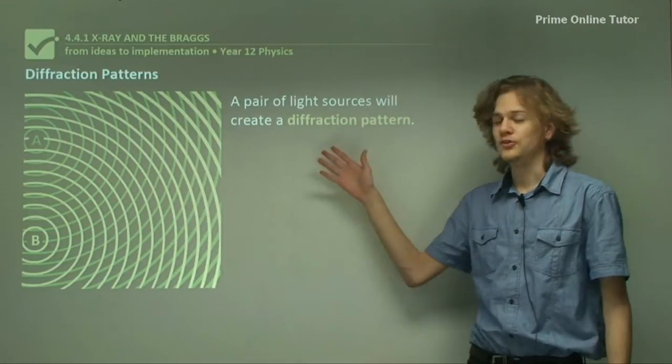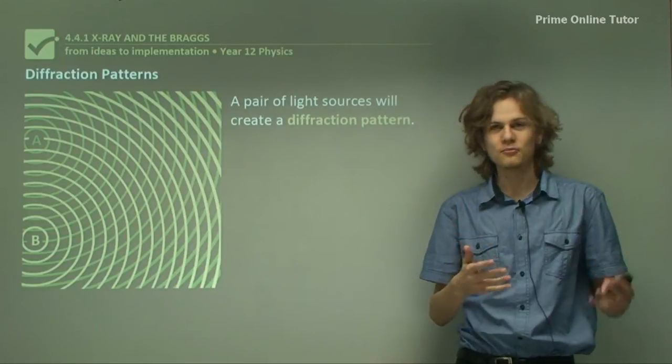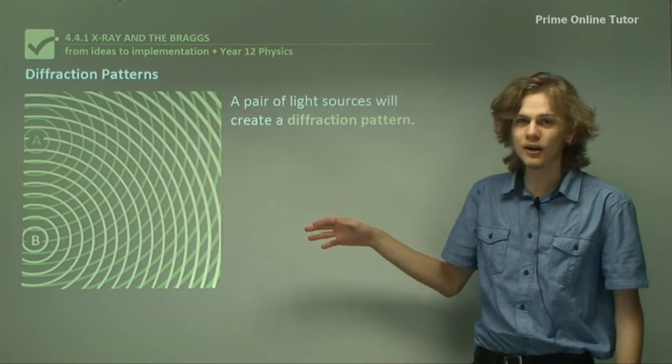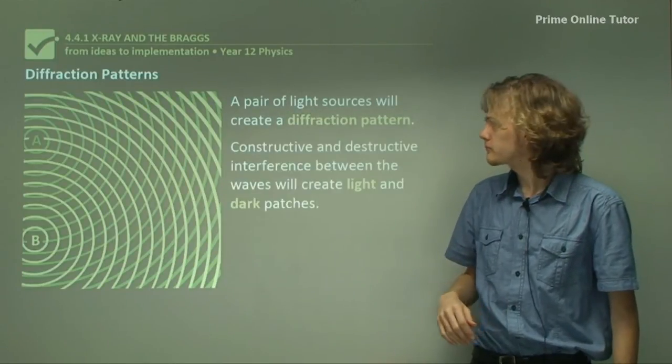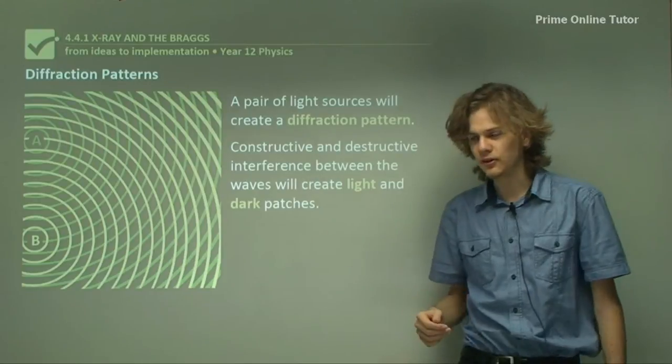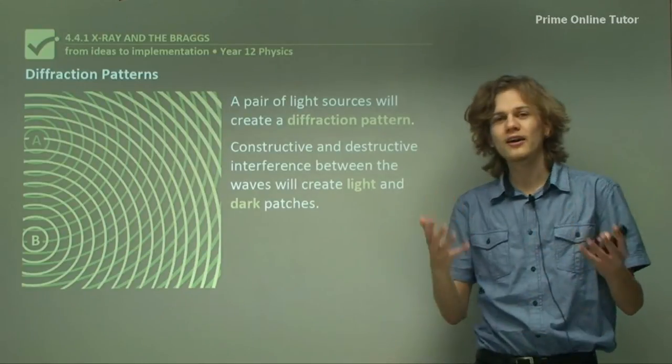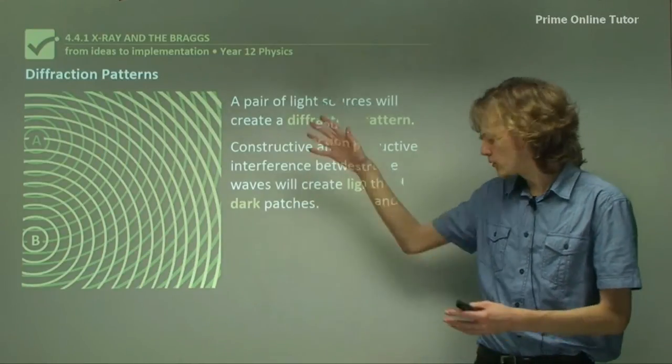So a pair of light sources will create a diffraction pattern, which we can see over here. We have light source A at the top and light source B at the bottom. Constructive and destructive interference will create light and dark patterns on the surface that it's projected on.